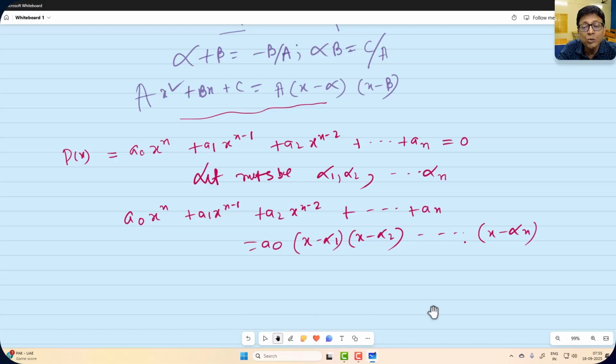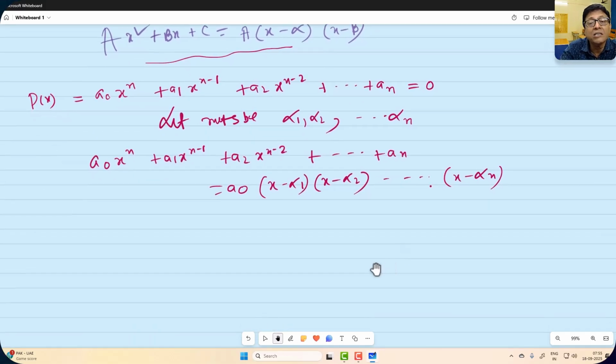Our aim is to deduce the relationship among the coefficients and the roots. Now if we go on expanding the right hand side, a0 times x, all these first terms if you multiply, there will be x to the power n, nothing to compare over there on the left hand side.